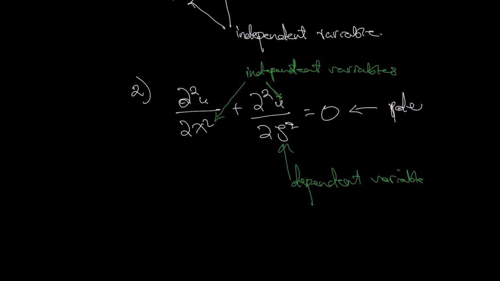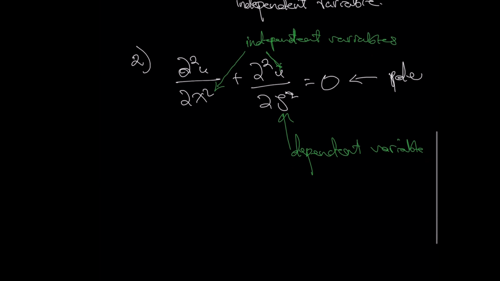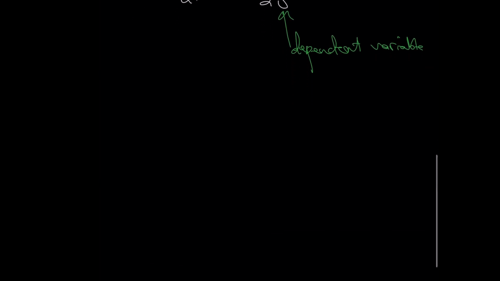Mostly for this video series, I'm going to focus on ordinary differential equations, but in the future, I'm going to make a video series for partial differential equations. It depends on how you respond, and if you tell me that you want to learn partial differential equations too, then I will do it.